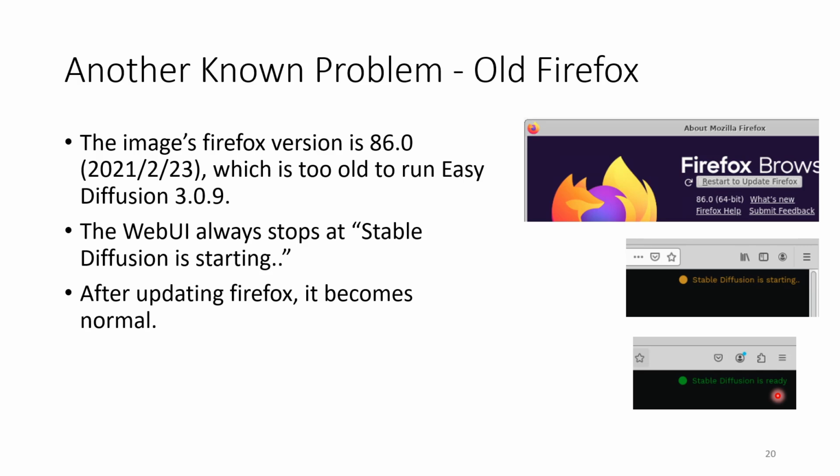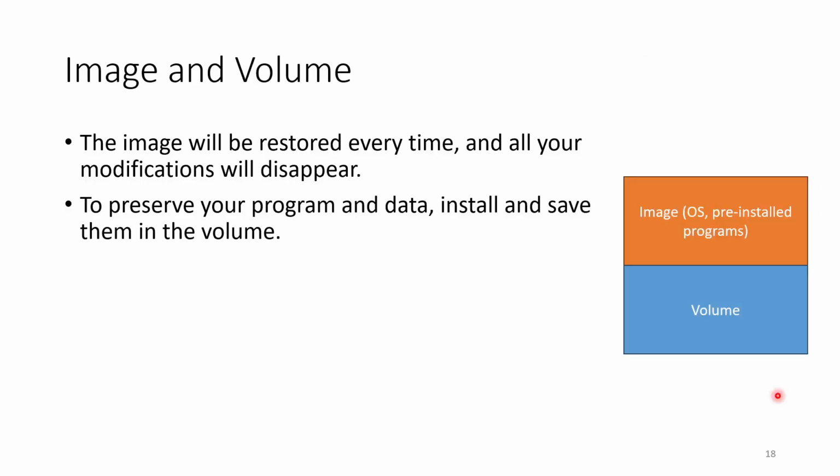However, every time you shut down your session and reload it, the pre-installed Firefox appears again in your image. So another way to solve the problem is to install a new Firefox in your Valen and use the new one, so that you won't see the warning every time.